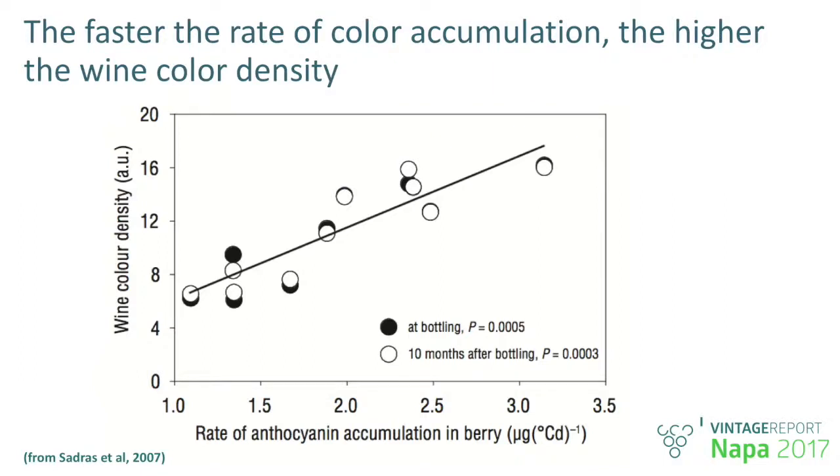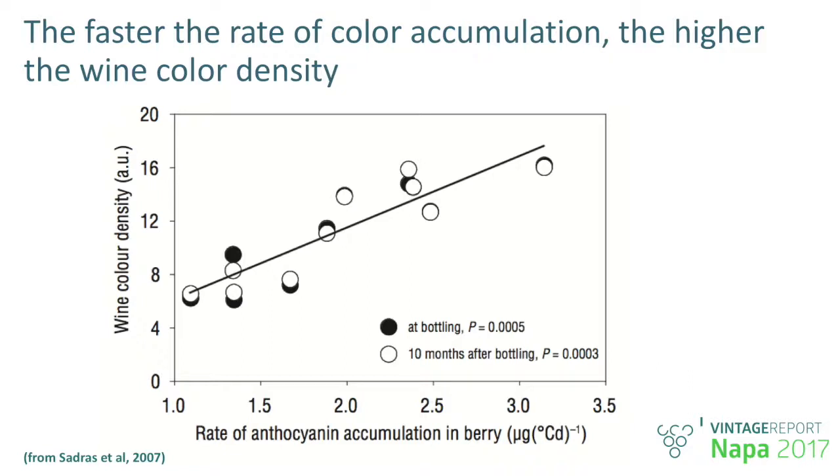You see here nicely, the data suggests that there is a link between the speed at which color accumulates and the density of the color in your wine 10 months after bottling. So that means that there is some knowledge to gain by tracking the time profile of color accumulation.